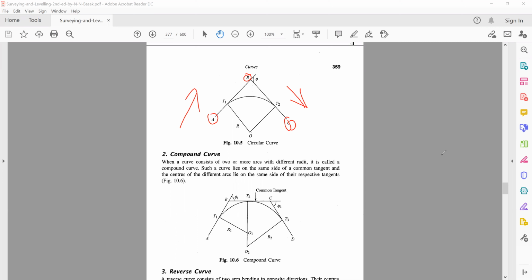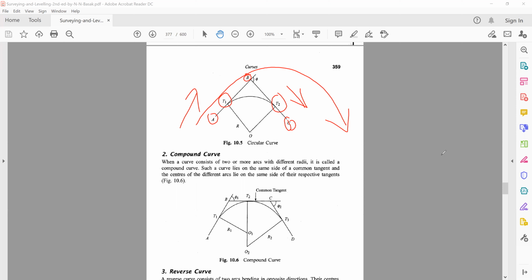And then you join the two points using a curve, or you make the transition easier using the curve. Now, the point at which the curve begins is called T1, and the point at which the curve ends is called T2. So now your direction of travel is along the curve like this.